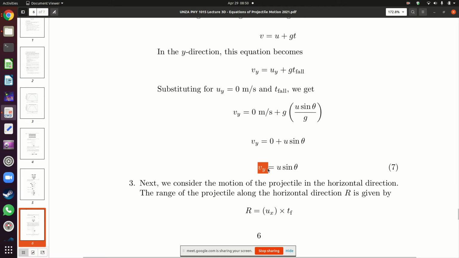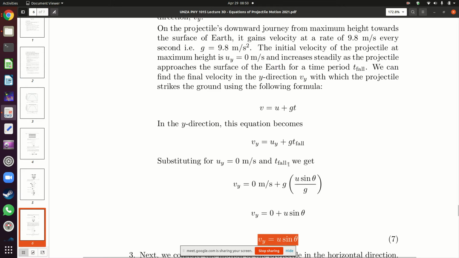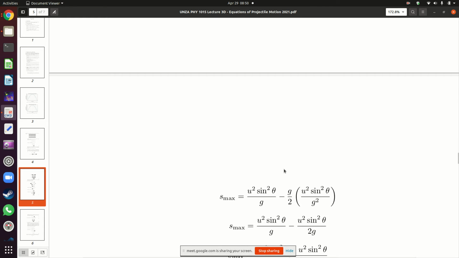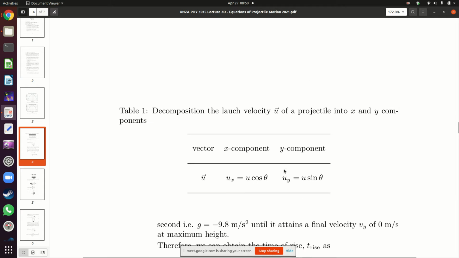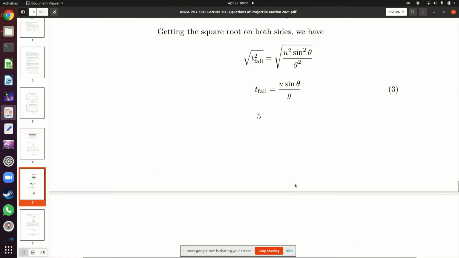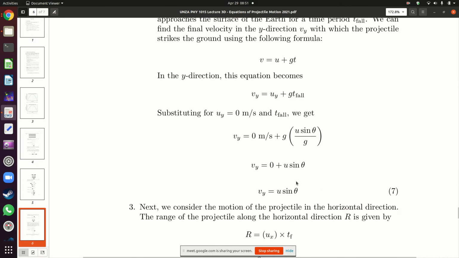This Vy equals u sin theta is the same as the velocity of the projectile when it went up. It's the same as uy. Uy is u sin theta, and Vy is u sin theta also.